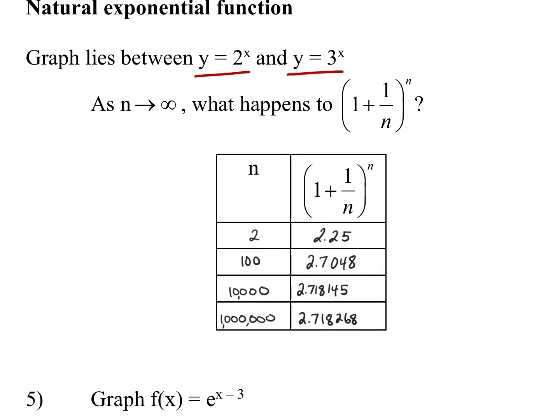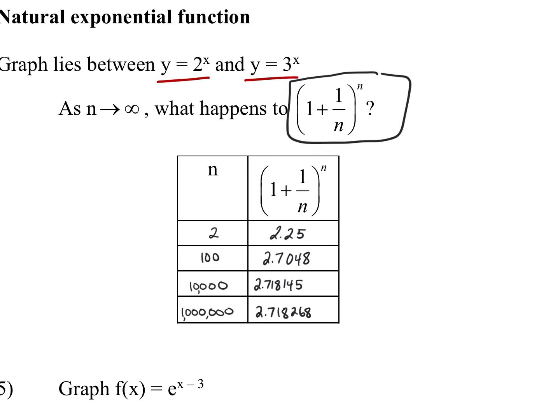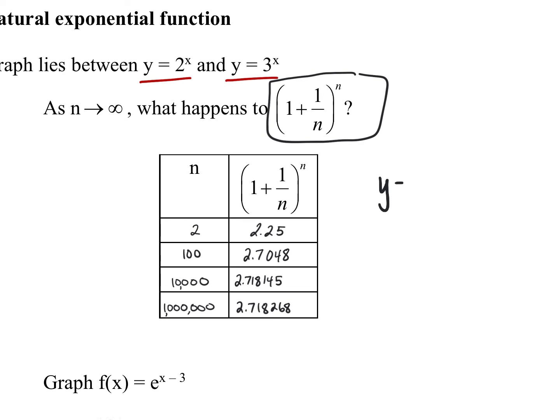So what we're going to do is use this expression, where we have 1 plus 1 over n, all raised to the exponent n. If you want to do this with your calculator, you can plug this in your y equals, and it would look just as you see it, 1 plus 1 over x raised to the x.